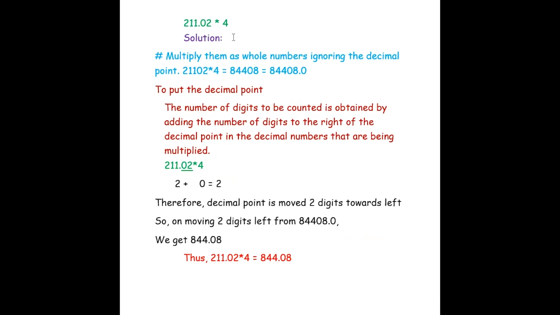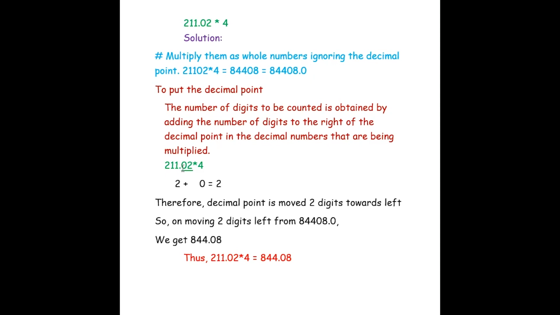That is 211.02 into 4. Solution. First step, you have to ignore the decimal point. So you will get 21102 into 4. If you multiply, you will get 84408. Express it as a decimal number. So 84408.0. Now you have to move this decimal point to its appropriate place as per the question.